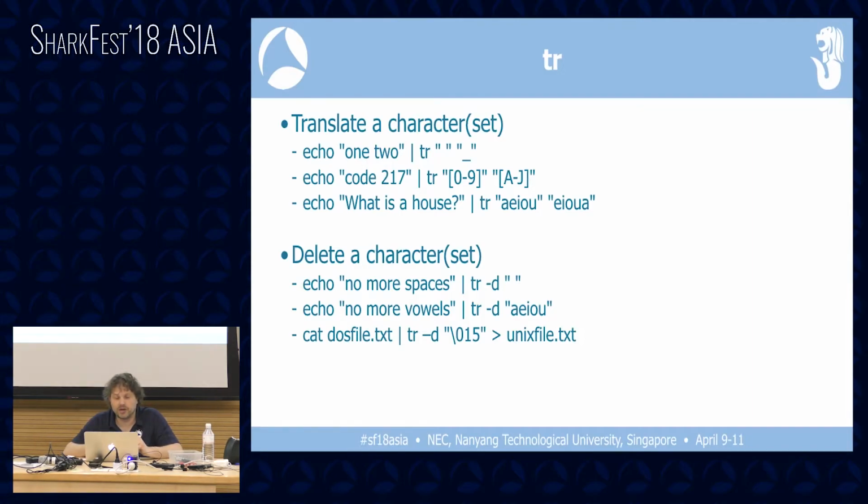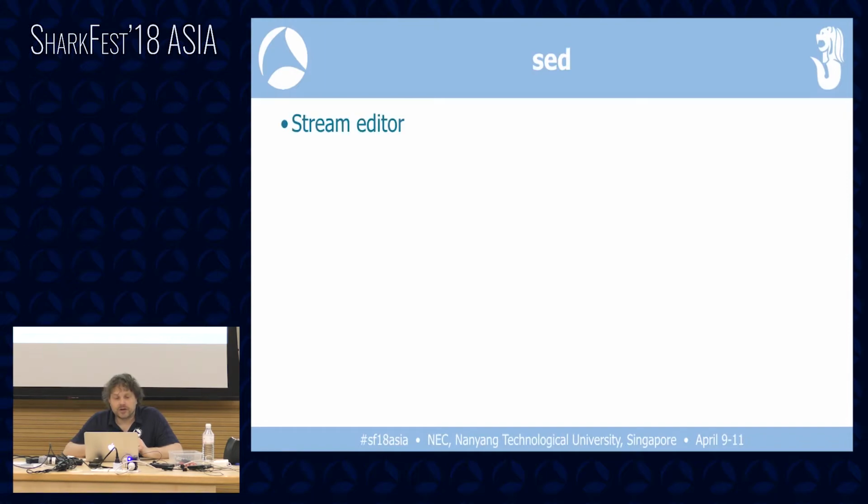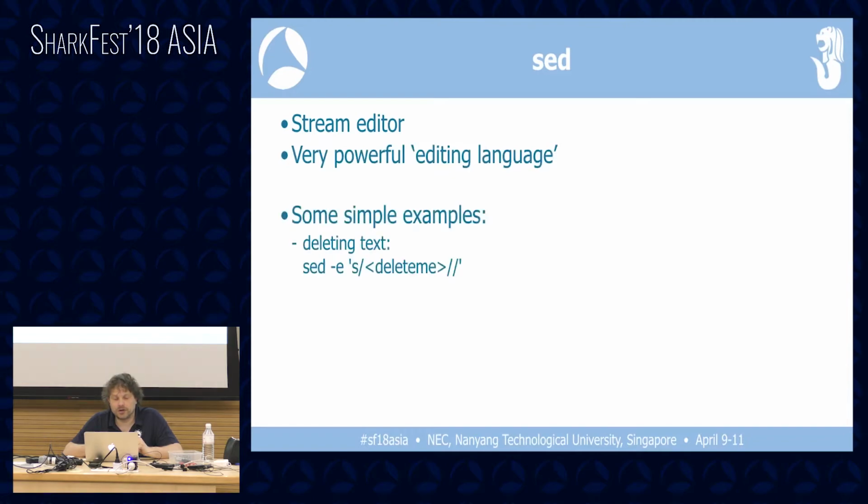Then sed, the stream editor, is very complex. I only use a very small amount of functionality of it, but it's very powerful in changing information in your file. Maybe that's also what you can use if you want to anonymize stuff. You can just use this to anonymize stuff as well, but be careful that you don't change the character boundaries.